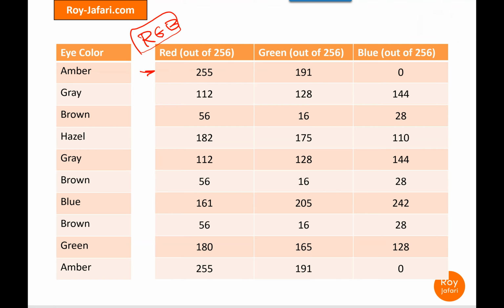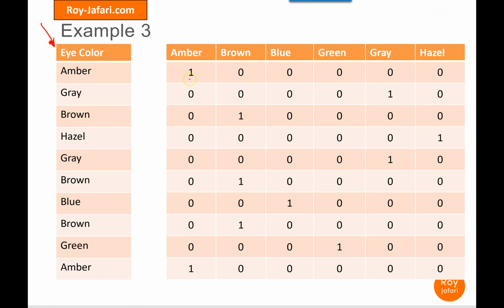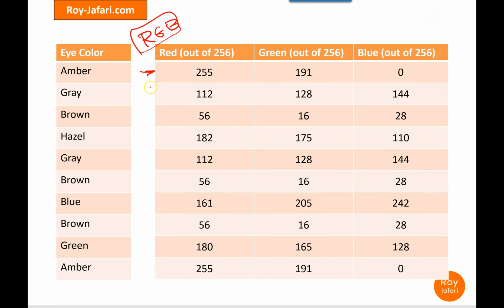So for instance, with binary coding there is an abrupt, complete distinction between amber and gray. They're completely different things, one and zero. But here we can see that between amber and gray there is some similarity. As far as blueness, gray is much more blue than amber, but as far as greenness, they're more similar. And as far as redness, there is some redness in the gray as well as in amber.